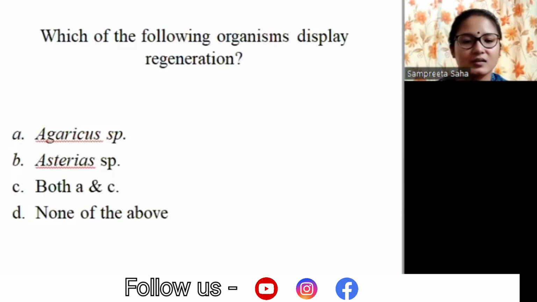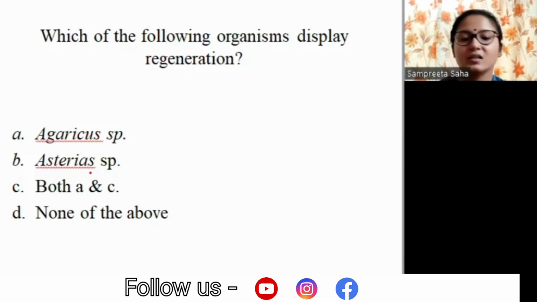Let us take a few questions to test your understanding of the lesson. Which of the following organisms display regeneration? First is Agaricus, next is Asterias. Now Agaricus is a fungus. So we haven't taken the example of fungus in the regeneration portion.